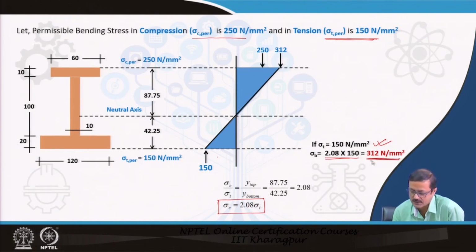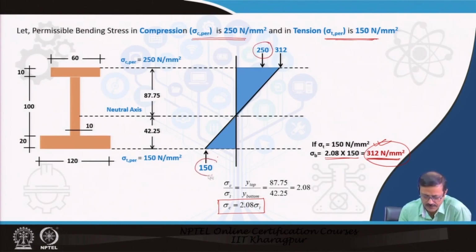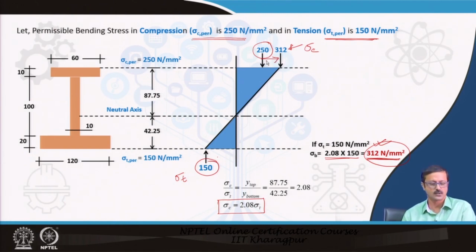So, should I go with this combination? I cannot, because it is in red color. The permissible compression in the material is only 250. So, if I put 150 as sigma t, the sigma c becomes 312, which is beyond the permissible limit of the compression zone, and this is going to fail.